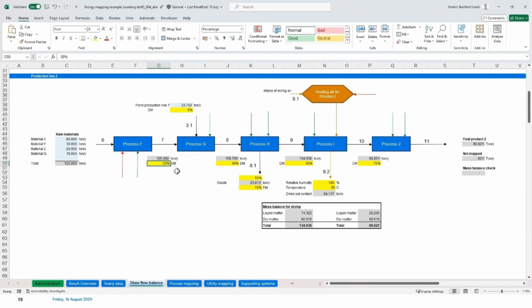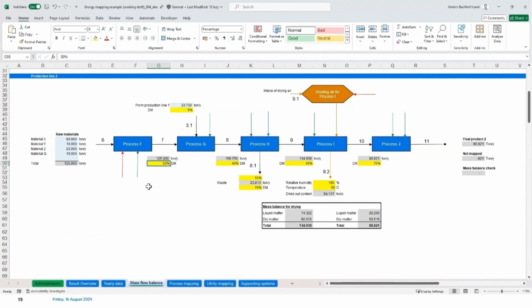So using this dry matter content as a way of describing your process could be another approach for the dynamic, because if you have a process where you remove water, then the dry matter is relatively fixed if it's the same product that you're producing year after year.